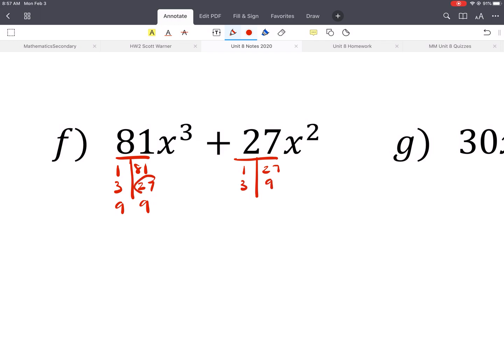So here we see the greatest common factor is 27. I wouldn't have looked at that and said, oh yeah, 27 goes into 81. So that's another reason to try and do this and write it all out. So 27 would be the greatest common factor for the numbers, and then for the variables, we'll look at the smallest exponent, so x squared.